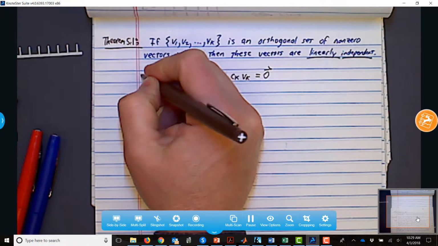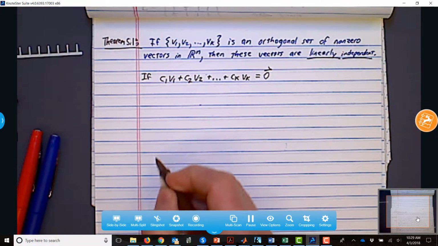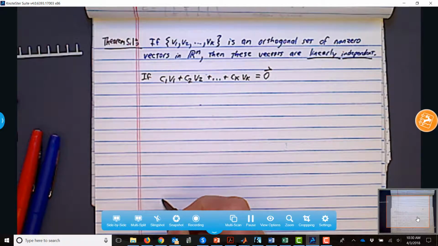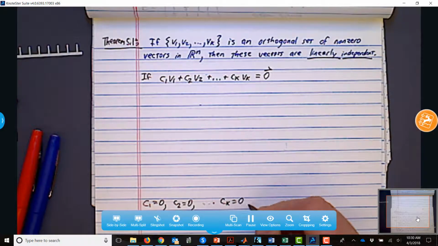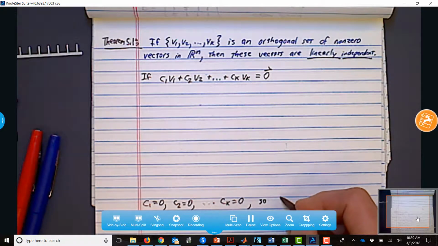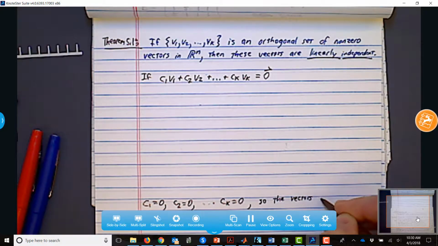And so the very end of the proof, maybe I'll go all the way down the screen here. The very end of the proof, what I hope I show is that C1 equals 0, C2 equals 0, and CK equals 0, because if I get all that, that'll prove that the vectors are linearly independent, right?